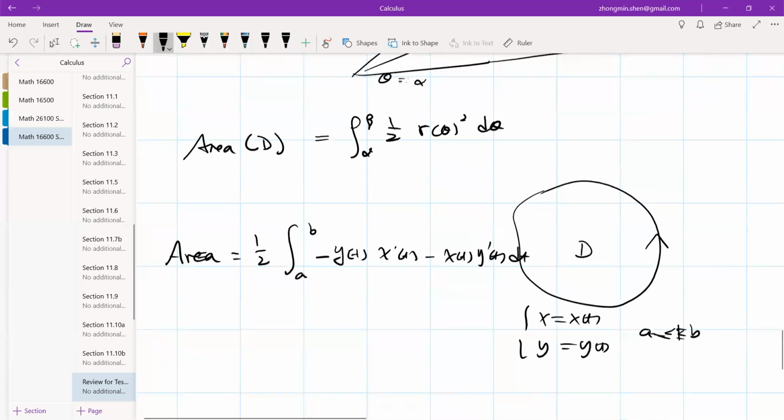This should be minus, this is plus. So it's quite a surprise. This integral gives you the area of that region, but we're not going to look at this.